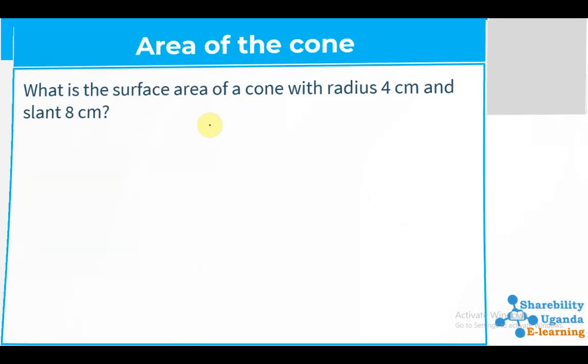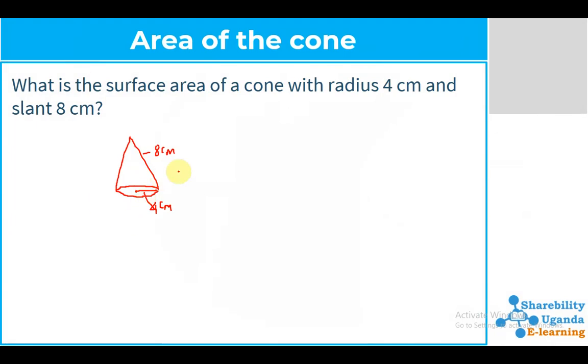So we are going to use that formula to find the surface area of this cone: pi r s plus pi r squared.